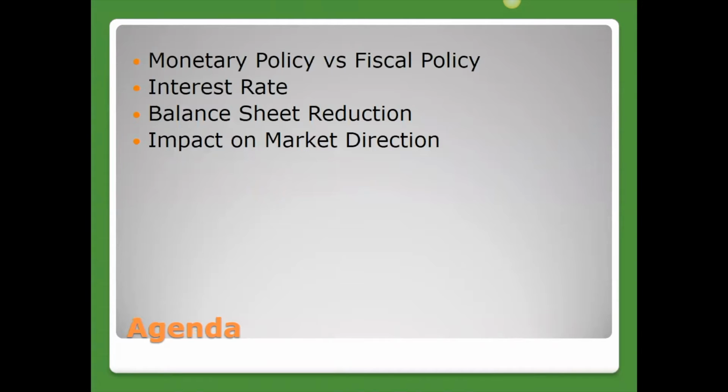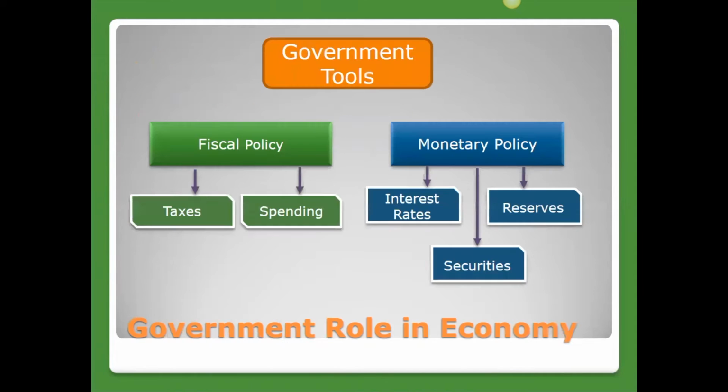So I thought we'll go over monetary policy and fiscal policy, the different tools that the government has to impact the market. Then we'll talk about interest rates, what impact the interest rate has on the markets, what impact the balance sheet reduction will have on the market, and how we trade these things. So that's what we'll talk about today.